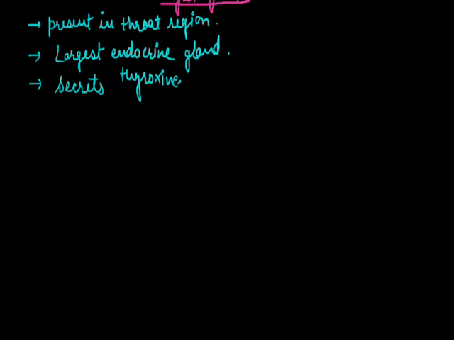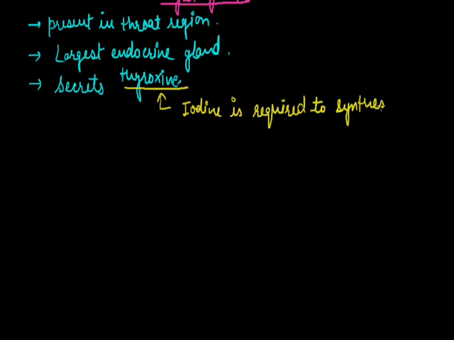The first very important point regarding thyroxine is that to synthesize this hormone, iodine is required. So if there is a deficiency of iodine, definitely there will be a deficiency of thyroxine, and the thyroid cannot do its proper function and a disease arises in the body.